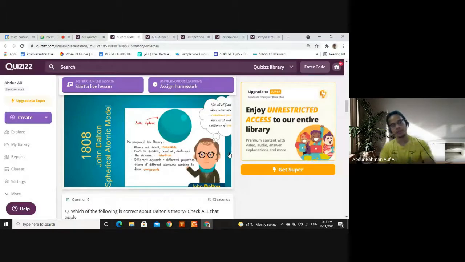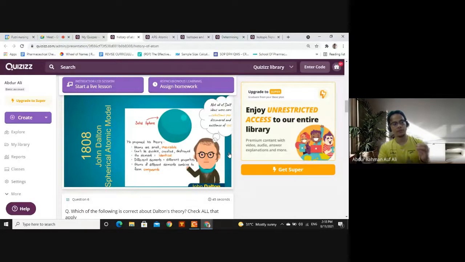So John Dalton pada zaman ni dia tidak dapat grant untuk perform any experiments for his hypothesis ni. So dia hanya publish a paper about his theory saja. Okay? Without performing any experiments to verify whether his theory is true or not.